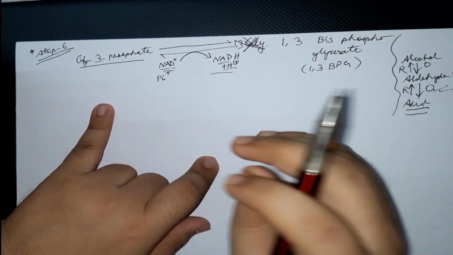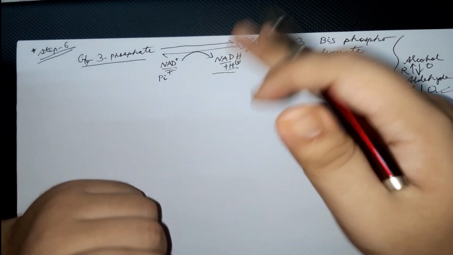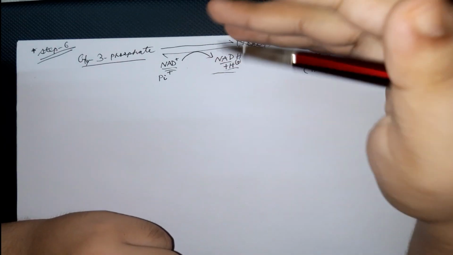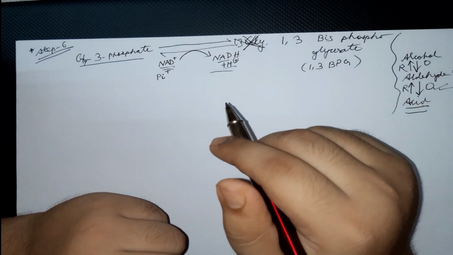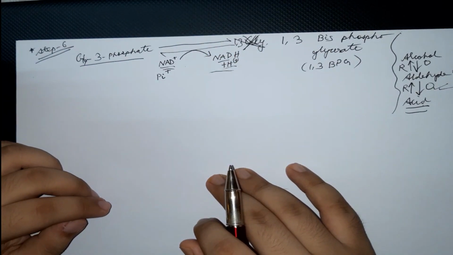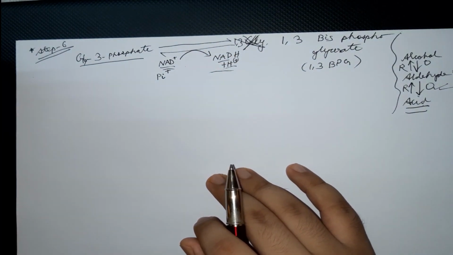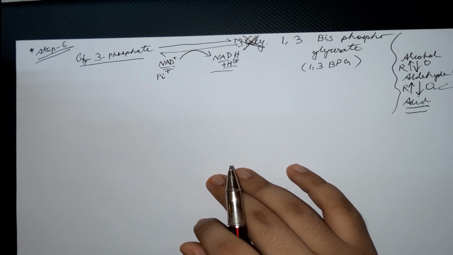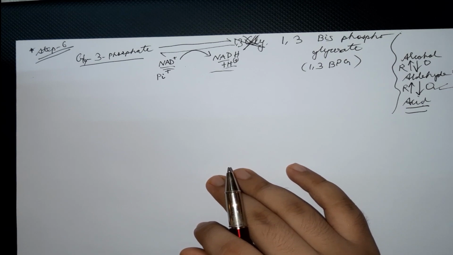Then the splitting phase is also over. Splitting, that 4th and 5th step, those two were considered the splitting phase. Now these subsequent steps will be the ATP formation steps, right?